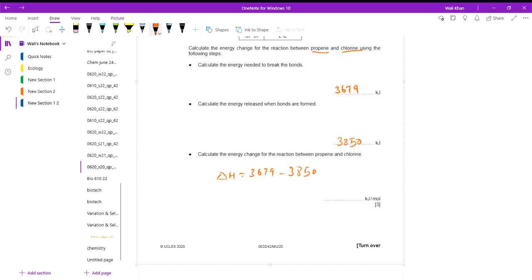So it is 3679 minus 3850. So overall energy change जो आपके पास आती है minus 171.